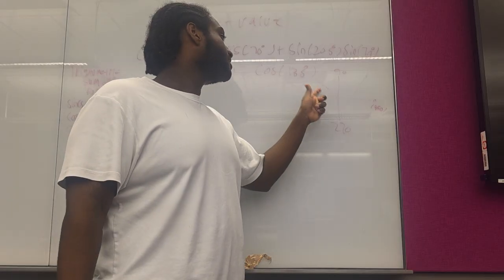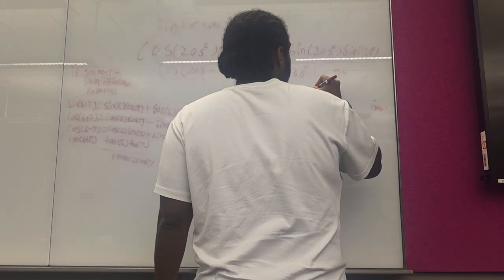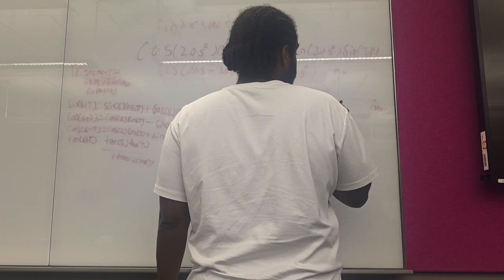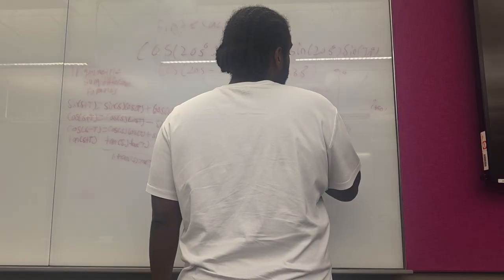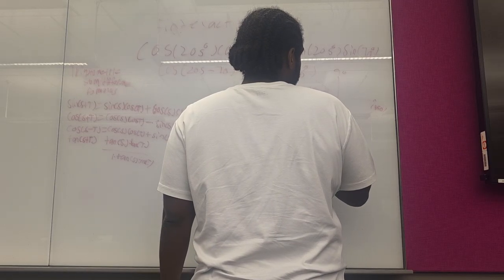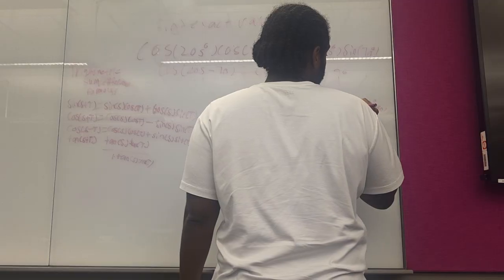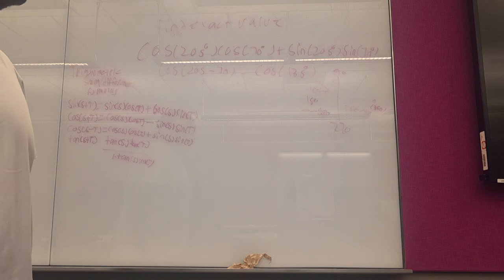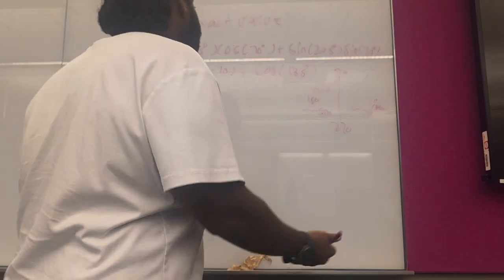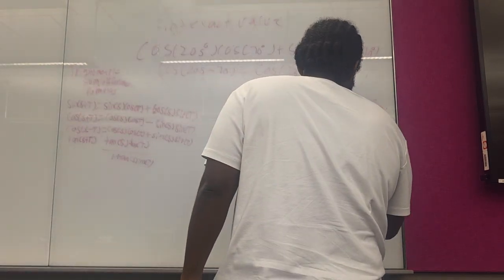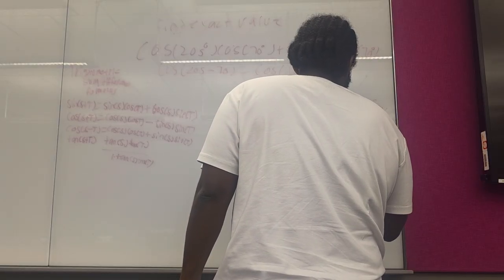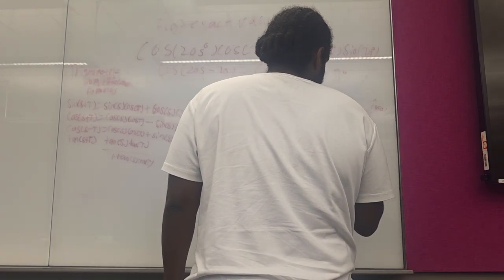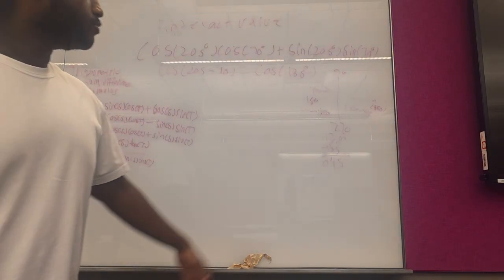Because it's in the second quadrant, you do 180 minus the angle. In the third quadrant, you do the angle minus 180, and in the fourth, 360 minus the angle. So here, 180 minus 135 is 45 degrees. The reference angle is 45.